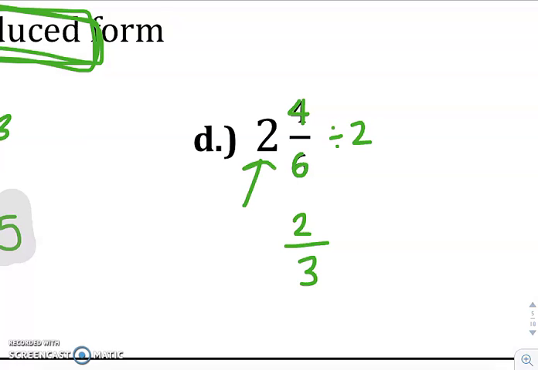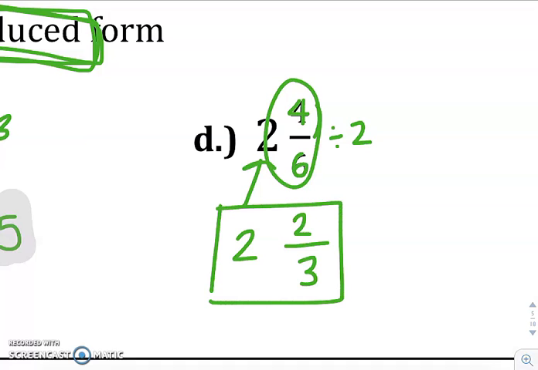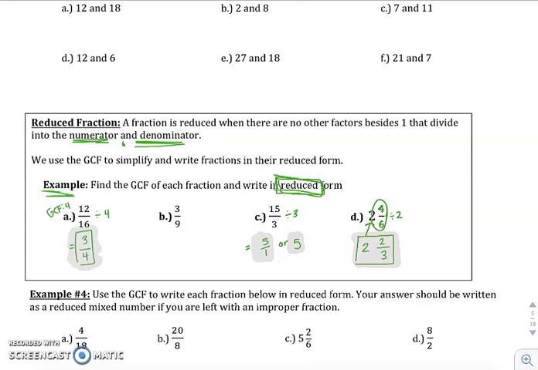You don't want to divide the whole number. So you don't do 2 divided by 2 and get 1. That whole number just stays there. You're only reducing the fraction part of it. So the reduced version of 2 and 4/6 is just 2 and 2/3. You don't actually check or reduce that whole number by anything. It is already reduced, I guess, if you will. We're only checking the fraction part of it.